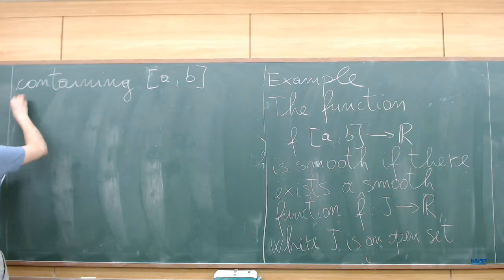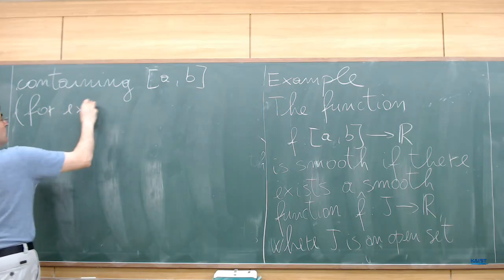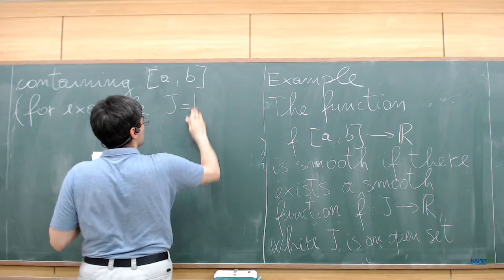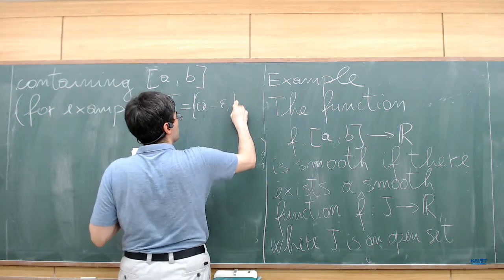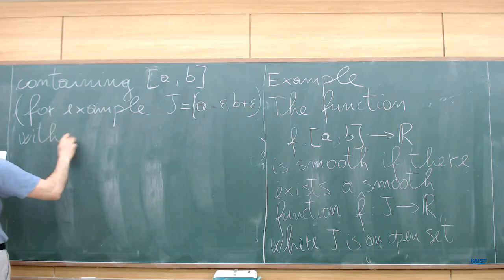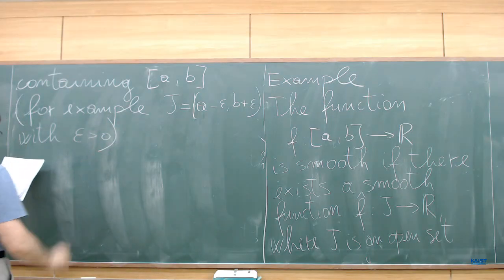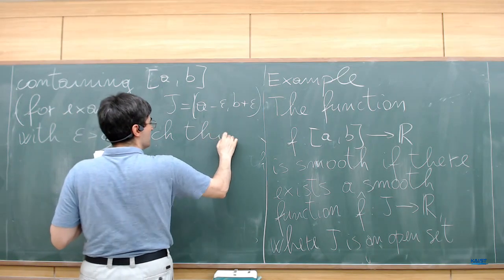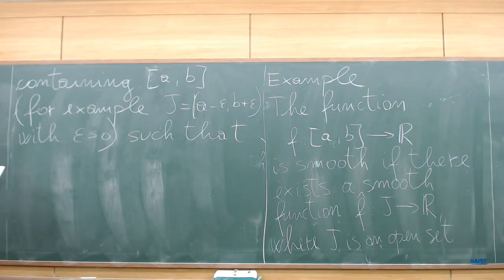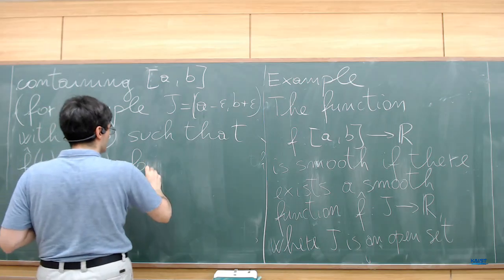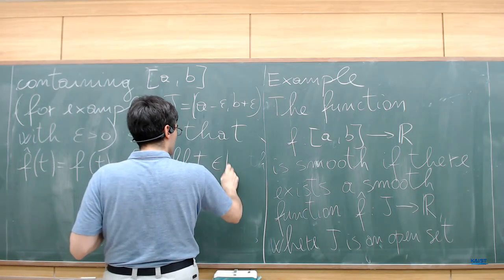So for example, you can take J equal to (a minus epsilon, b plus epsilon) with epsilon positive, and such that f hat of t is equal to f of t for all t in [a,b].